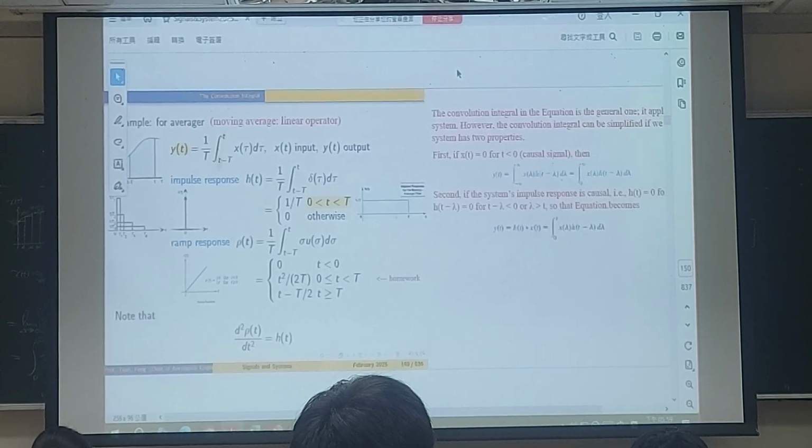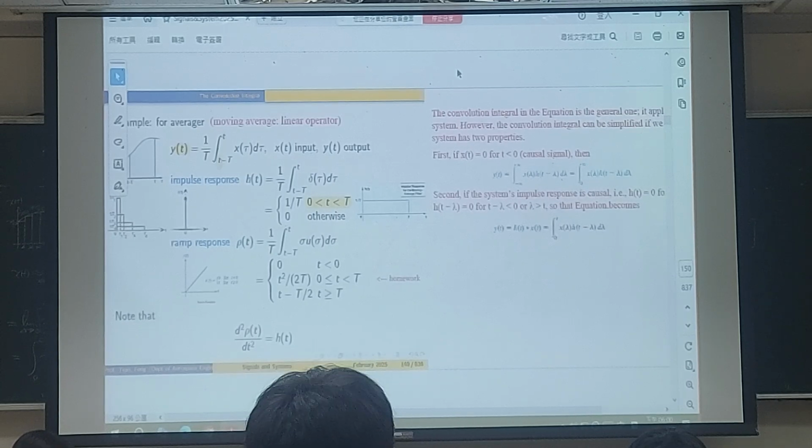So now I have an impulse function, and the output will be the impulse response h of t. How do we determine the impulse response?